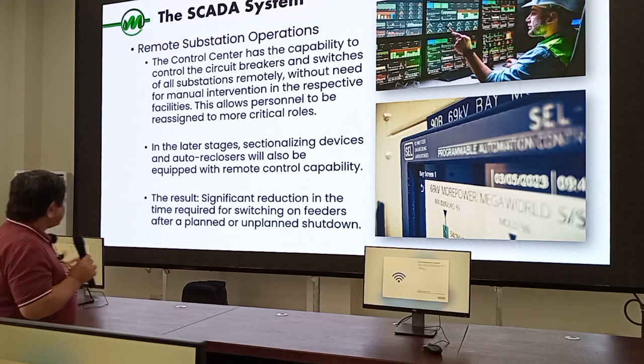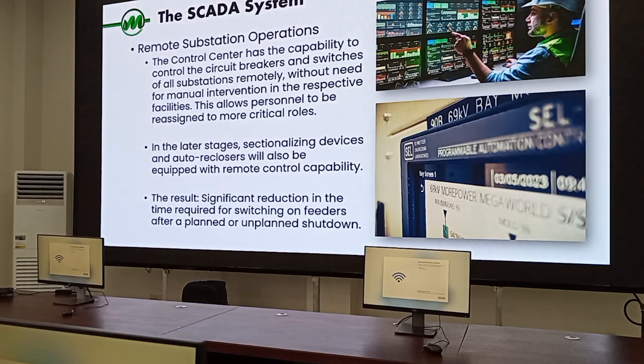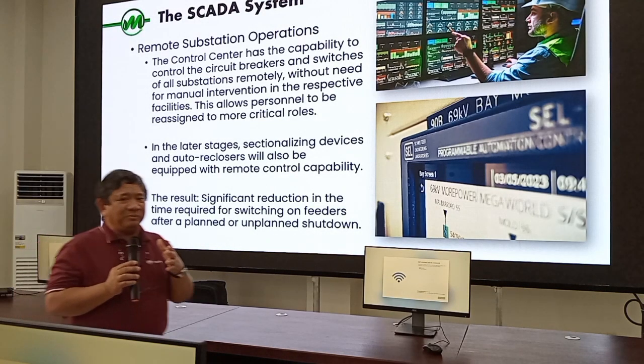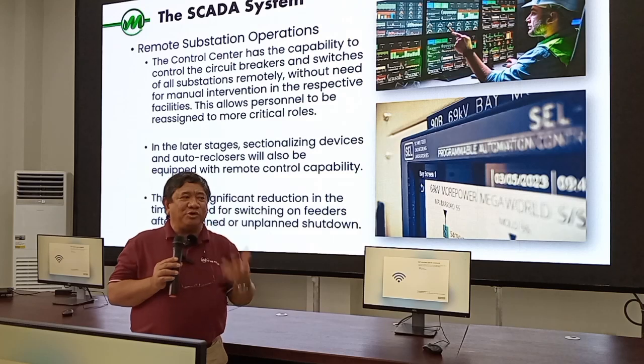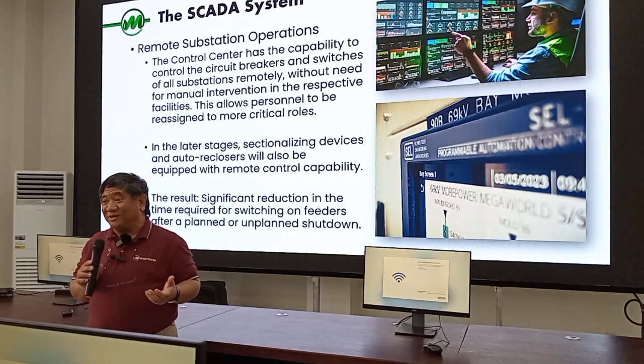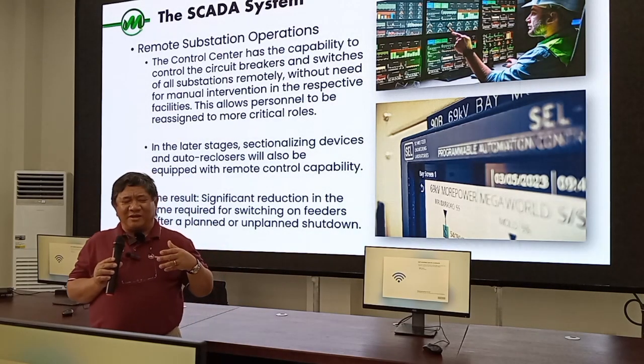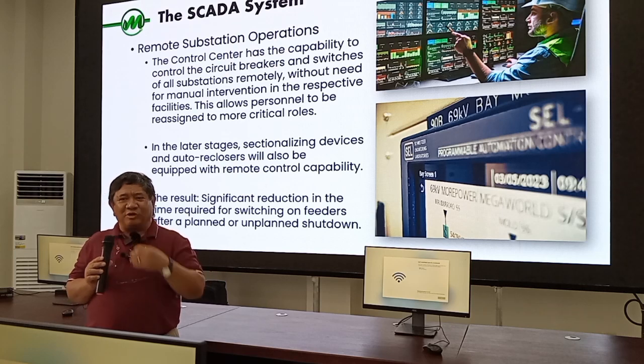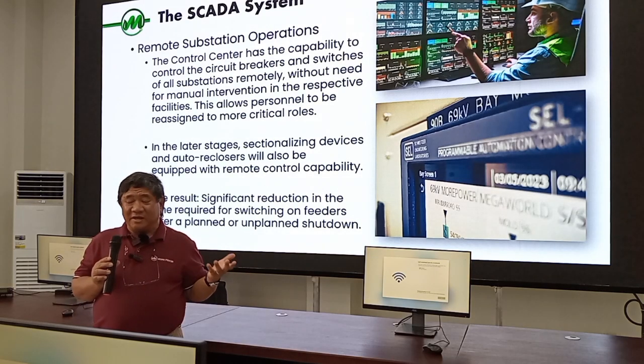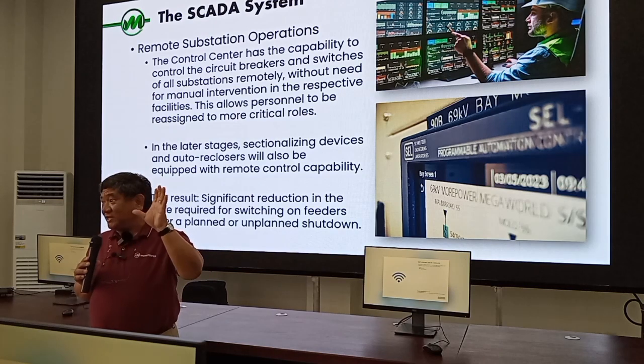So, in the latter stages, sectionalizing devices, there are devices kasi, and I know you're already familiar with the ACRs, no? Automatic circuit reclosers, no? The LBS, load break switches, no?